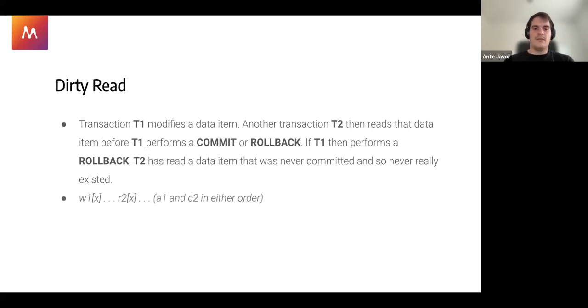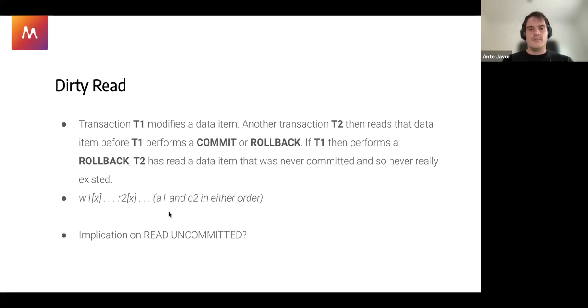If you want to describe this in the method that I just described, you write something to the node, the other transaction reads that data, and if any of these transactions decides to commit or roll back, you have an issue.